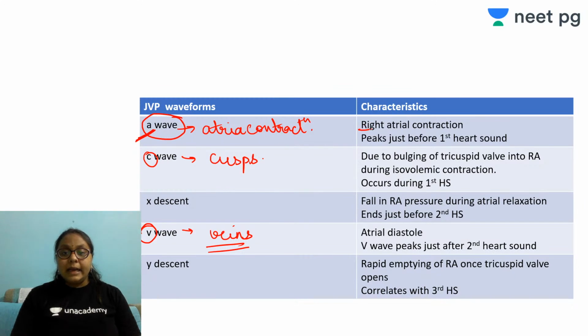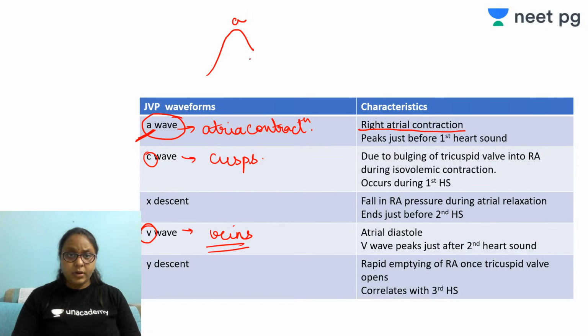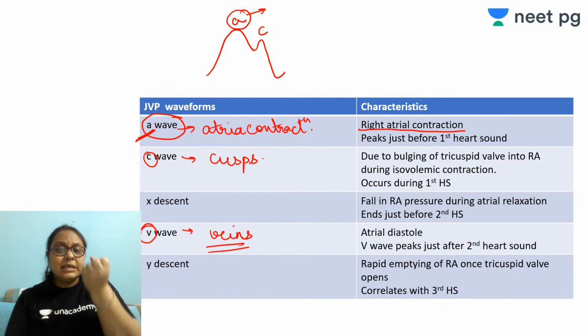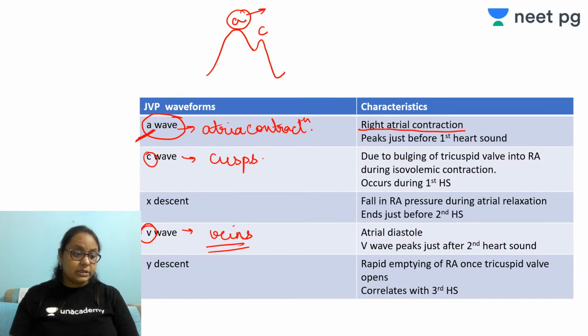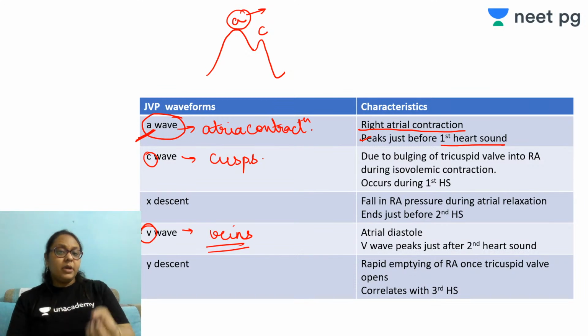The A wave which we are getting in the JVP is because of the right atrial contraction. Now the right atrium contracted, and this A wave peaks just before the first heart sound. Now the first heart sound was because of what? It is because of the closure of the AV valves. So the atria contracted and then there will be closure of the AV valves.